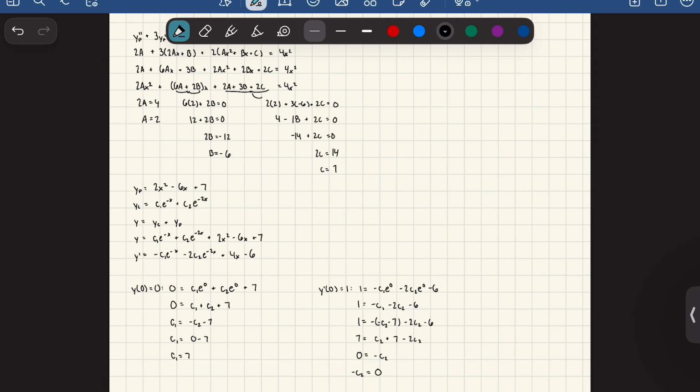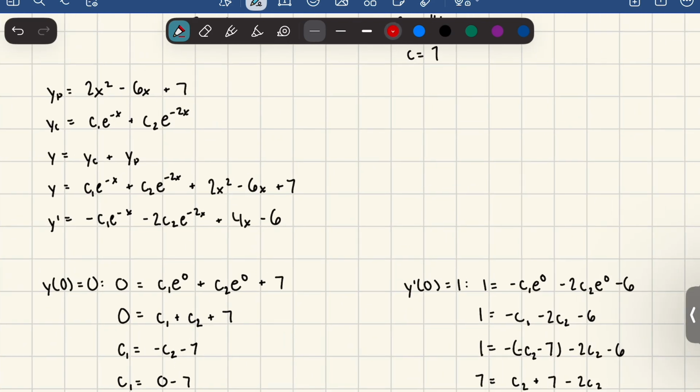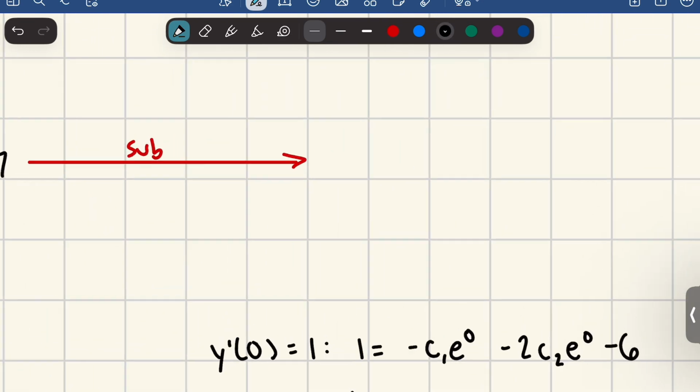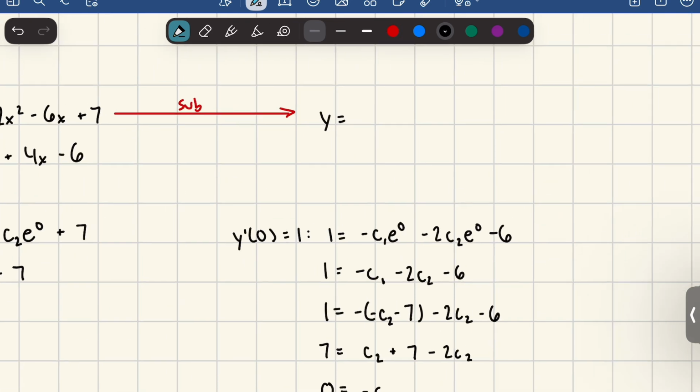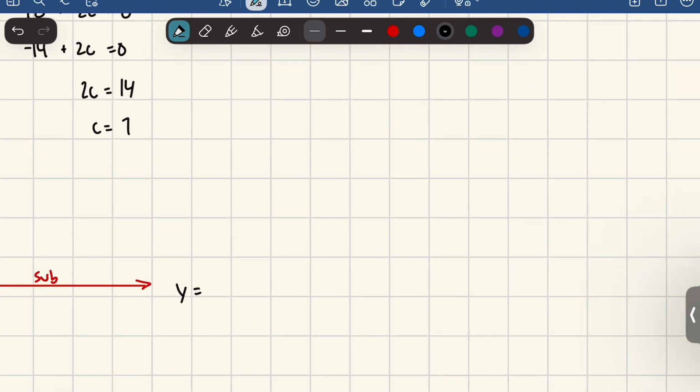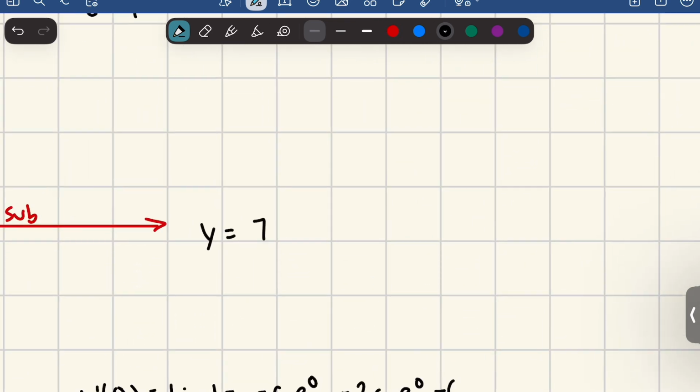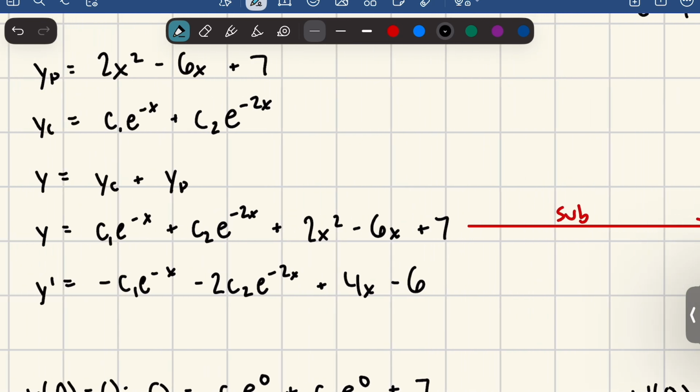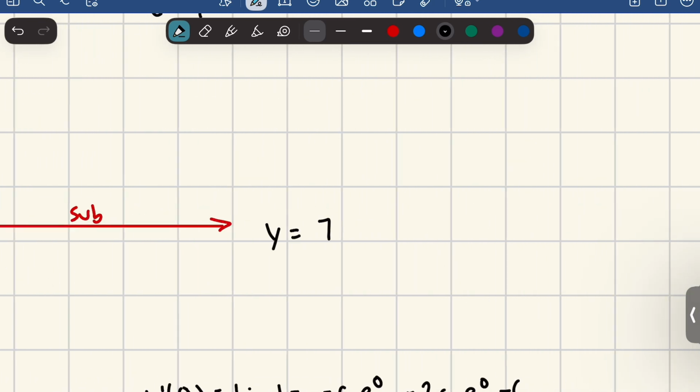Now we just have to shove them into y. So y equals C1, C1 is now 7. So it's 7 e to the negative x.